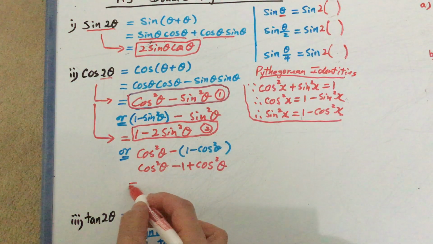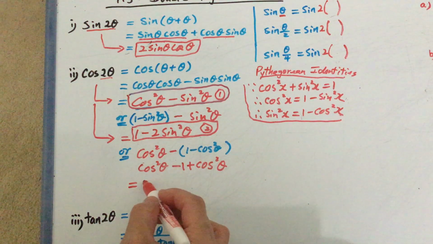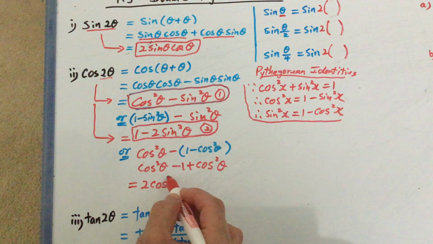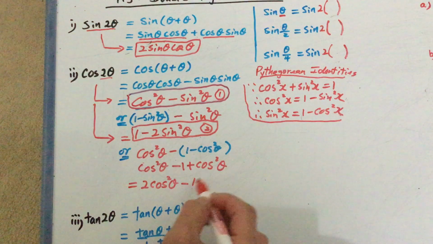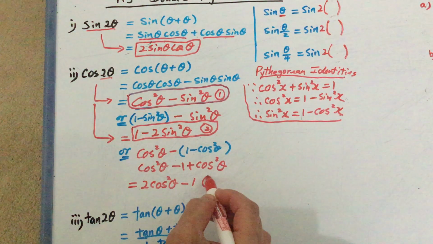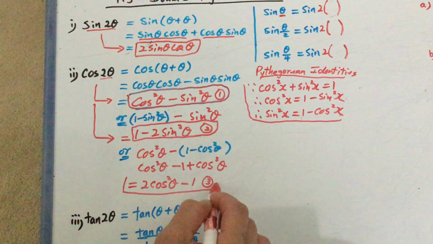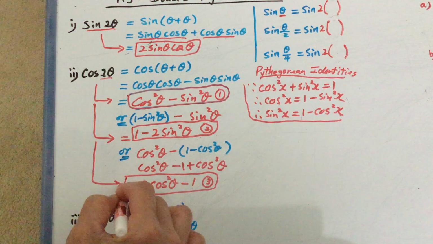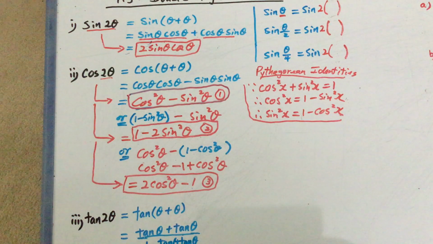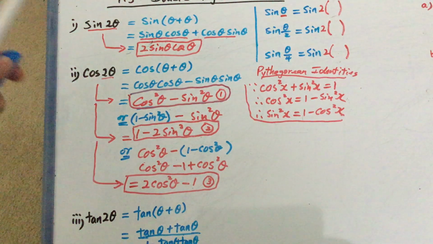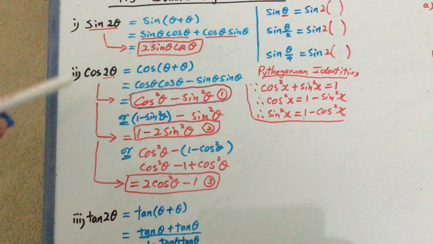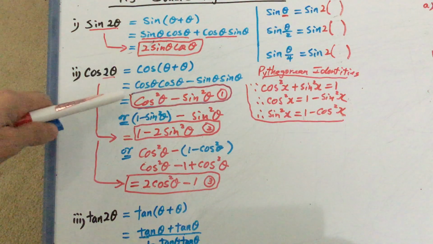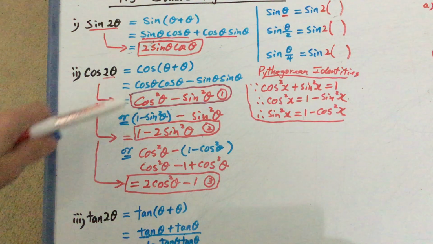So at the end, I will end up with 2 cos squared theta minus 1. And this will be formula number 3 for cos 2 theta. So unlike sine 2 theta, where you only have one formula, for cos 2 theta you get 3 to choose from.